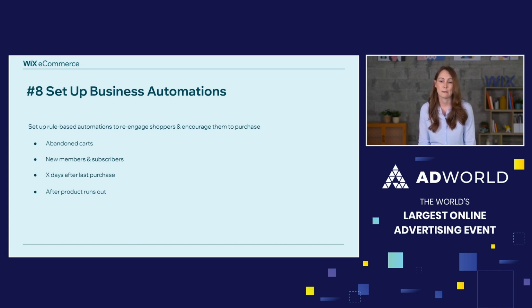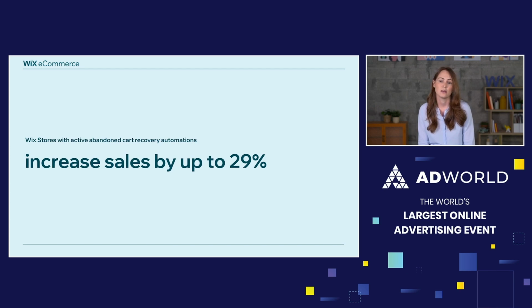You can send out offers a certain number of days after a last purchase, if we're going back to that frequency rate. Or if you have a product that runs out, make sure that you're reminding customers to get the next one at the right time. So Wix stores with active abandoned cart recovery automations increase sales by up to 29%. That's a huge difference.